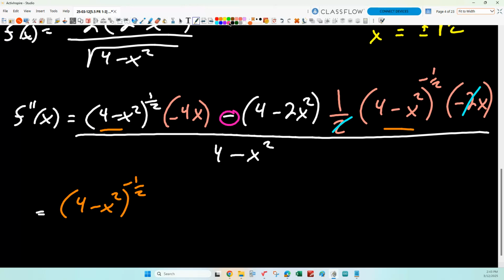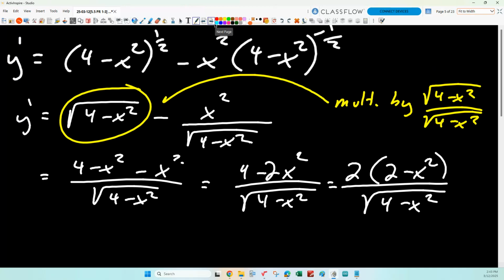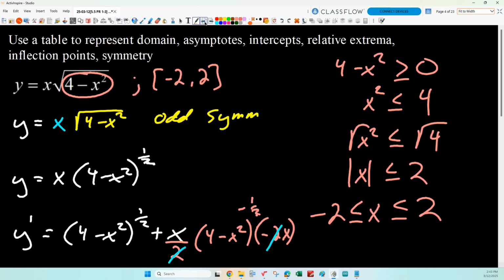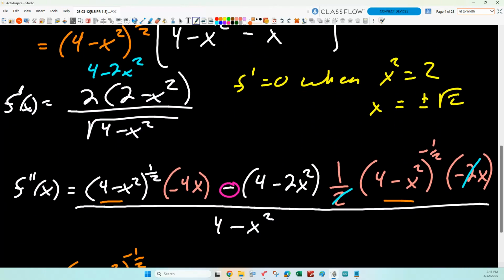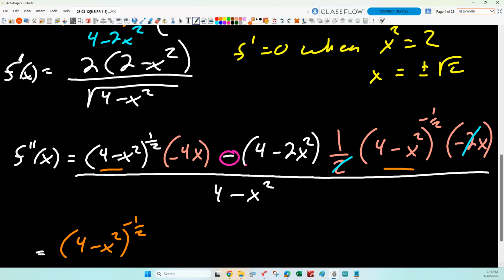If we wanted to write this, let's go back and instead replace that with 2 times 2 minus x squared. I could take out a negative 2, I guess, right?